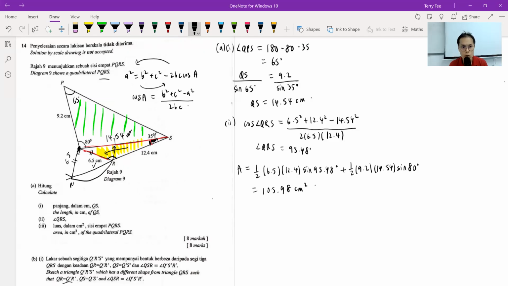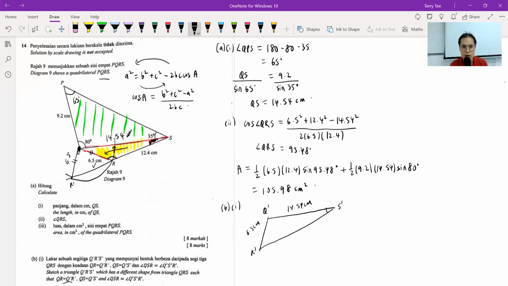So let's just draw a second triangle in this direction. Please make sure you maintain the shape and the size. This is your Q'R'S'. This is 14.54 cm, 6.5 cm. This angle you don't need to know. And that's about it.